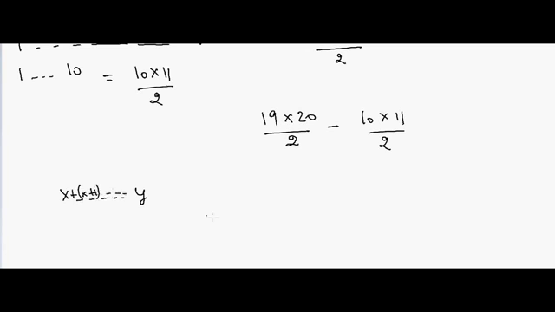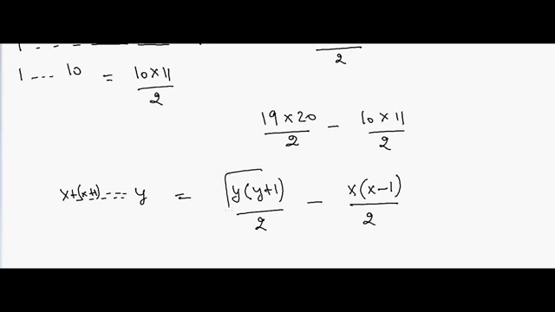In that case, I can write this as y into (y plus 1) divided by 2 minus, and here we have to be careful because this starts at x, so it will be x into (x minus 1), because we are subtracting the sum until x minus 1, divided by 2. That will be our answer if we have to add numbers in series.